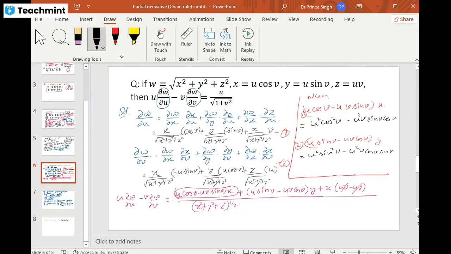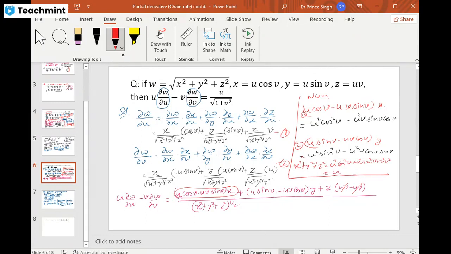Okay, so if we add these two terms, we can take u square common, sin square v plus cos square v is 1. And in the denominator, if we take the sum of x square plus y square plus z square, this is u square cos square v plus u square sin square v plus u square v square.